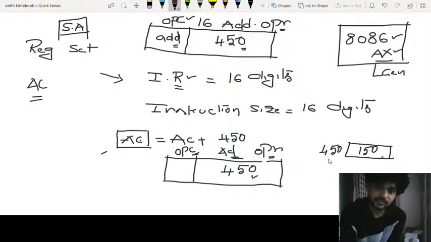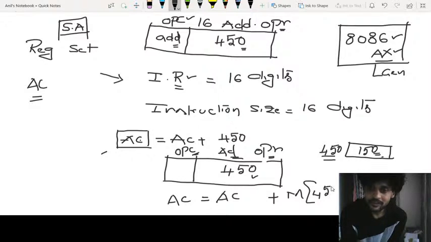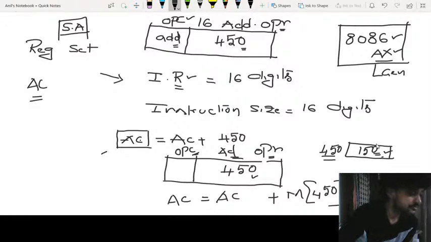This 450 is a memory location's address in which the actual operand is available. As a result, the instruction gives accumulator equals accumulator plus M of 450. What is memory of 450? Memory of 450 is 150. The contents of the accumulator will get added to M of 450, which is equal to 150. Finally, accumulator is equal to accumulator plus 150. Yes or no?